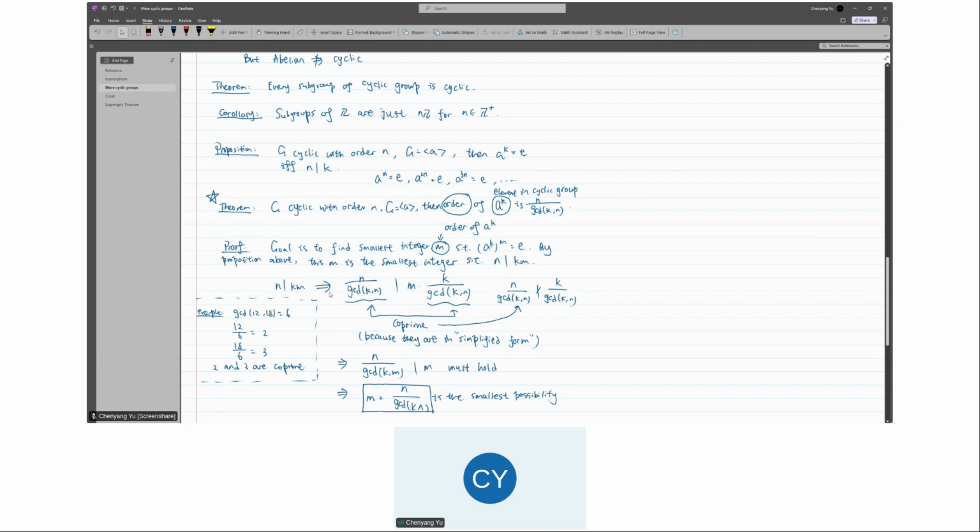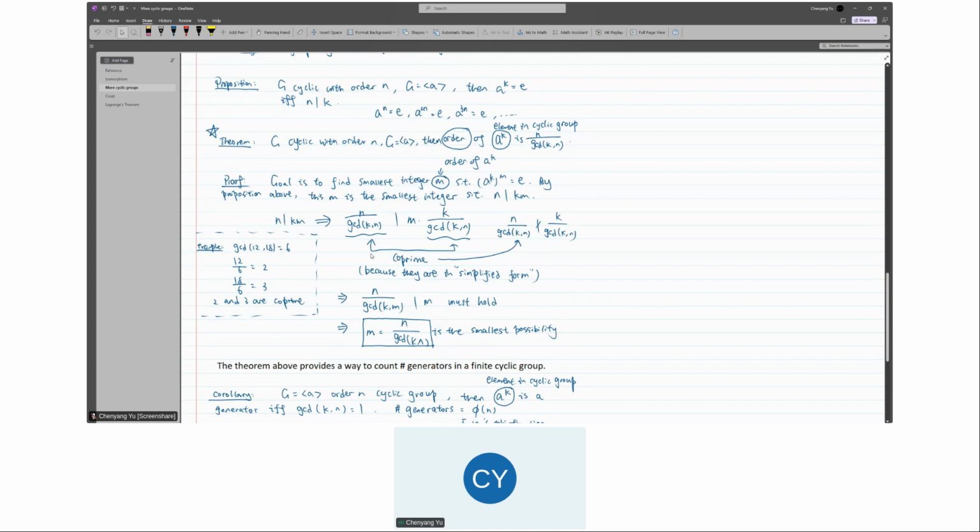We can factor m out, that's middle school algebra. So now we are left with two big chunks, this chunk and this chunk. I claim that they are co-prime. So why are they co-prime?